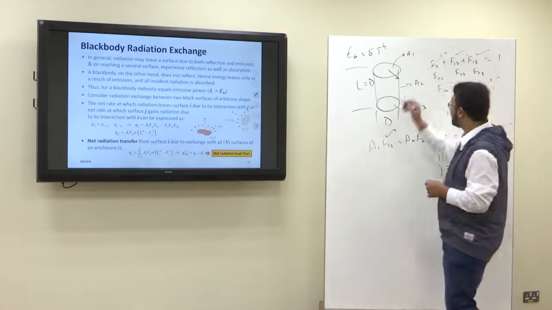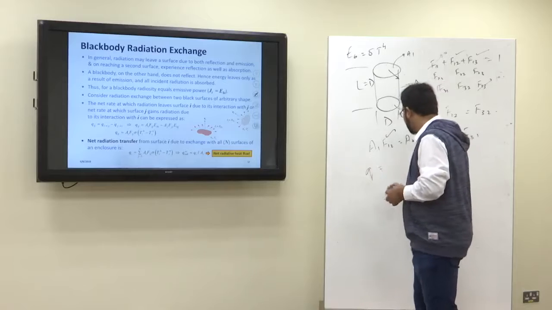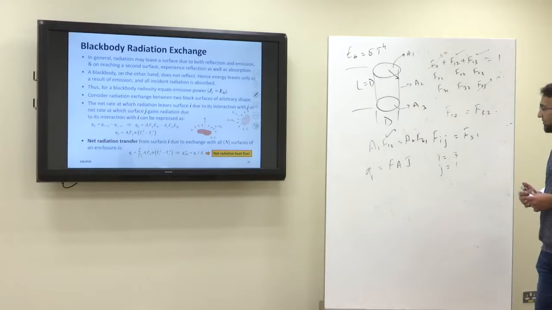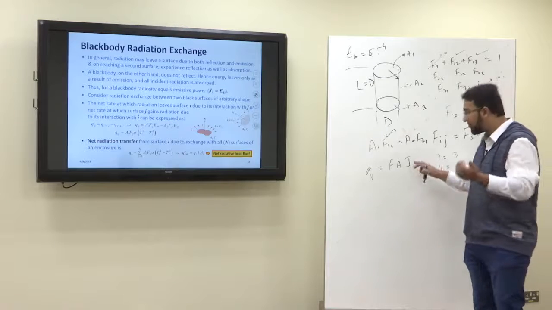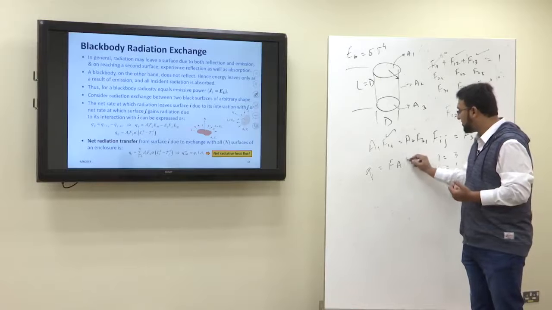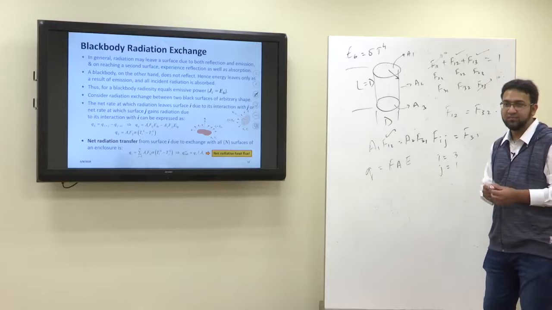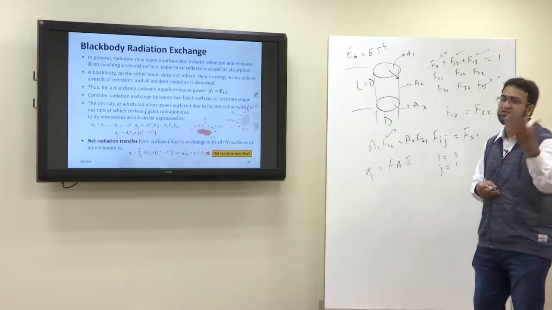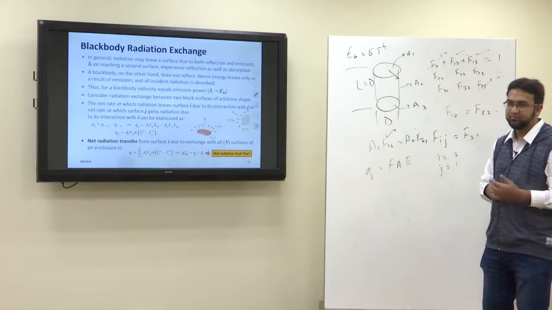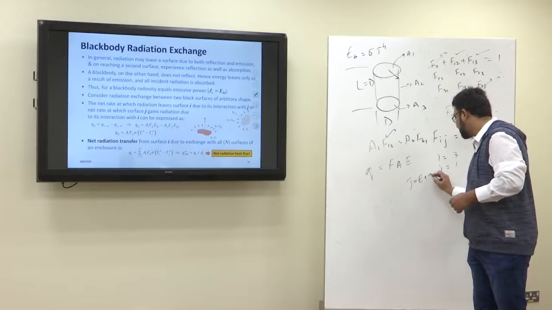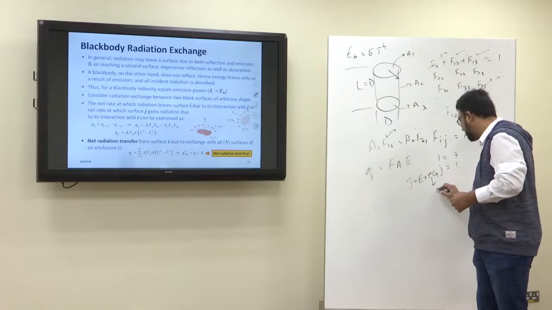Okay. So radiosity formula: Q is equal to F A J, view factor multiplied by area multiplied by radiosity. But now for a black body case, this J is equal to E, because there is nothing reflected. The emission of the black body is the total radiosity, because J is equal to E plus rho G. But for a black body, rho is 0.